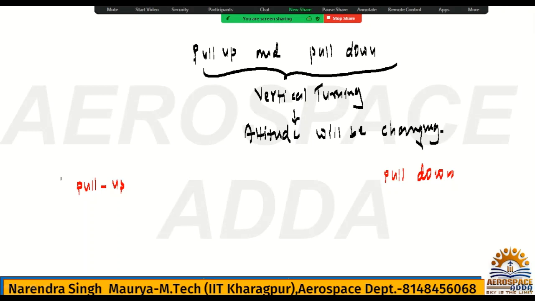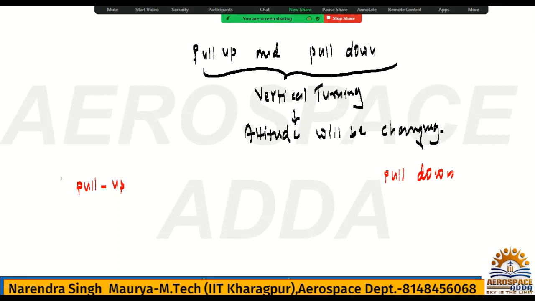Pull up means you are going to gain altitude, so your body will go up. Pull down, your body is going down. So pull up means you need to understand it is gaining altitude. Pull down means it is losing altitude. That's all.